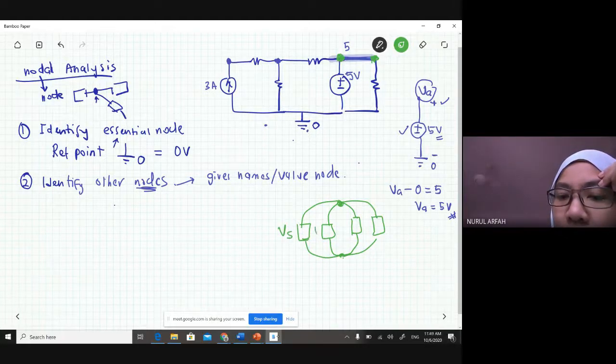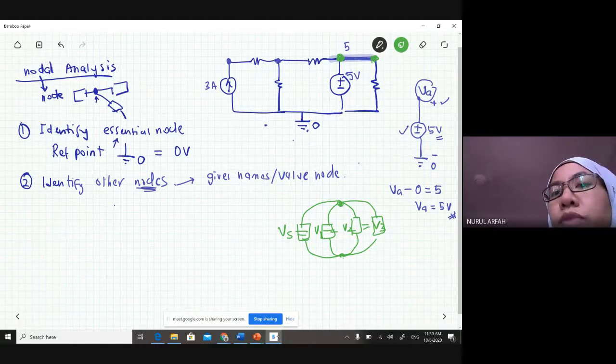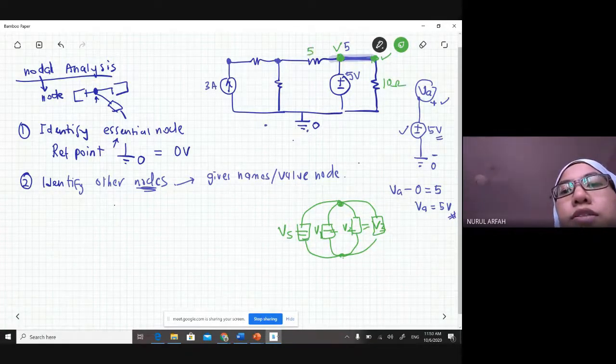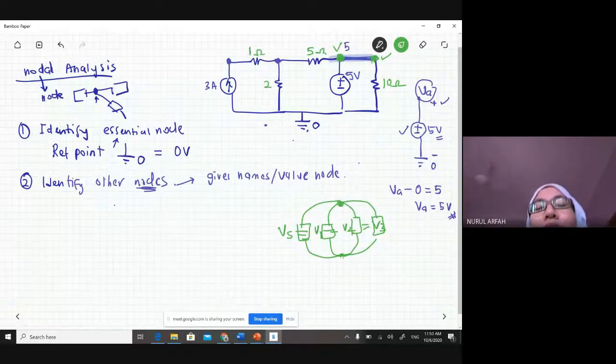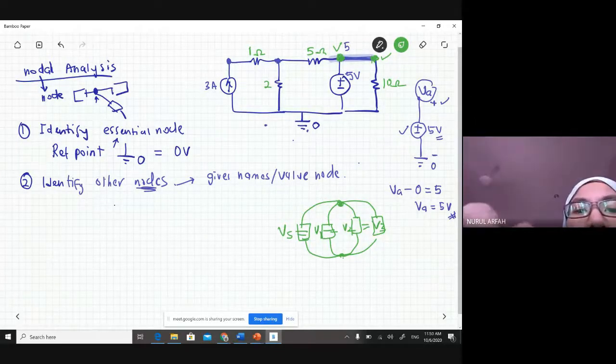If this is Vs, then V1, V2, and V3 are all equal to each other. Vs equals V1, equals V2, equals V3. So this 5 volt here is the same as 5 volt here, right? So don't get confused. I just gave some value. Right. Now, what do you think this one is?